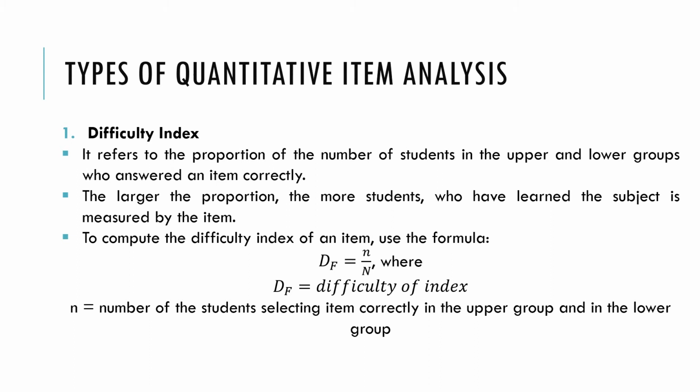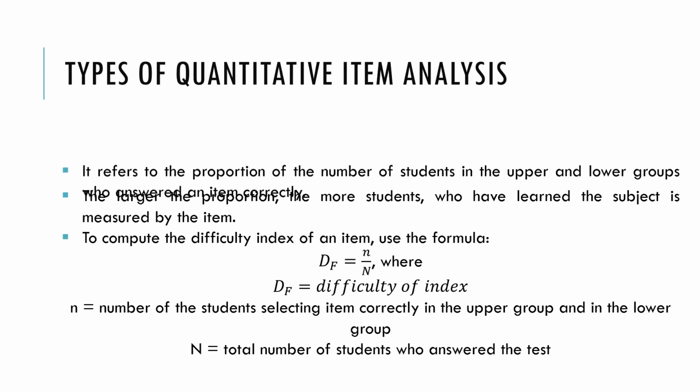Since we are to identify the number of students who select the item correctly sa upper at saka lower, therefore i-add natin. Okay? Capital letter N, total number of students who answered the test. So small letter n, kung sino yun or ilan yung number of students who answered correctly sa upper at saka lower. Yung capital letter naman is ang total number of students who took the test.